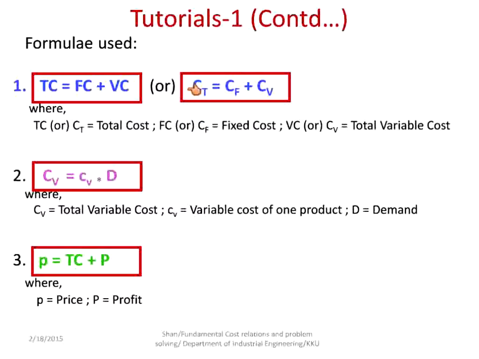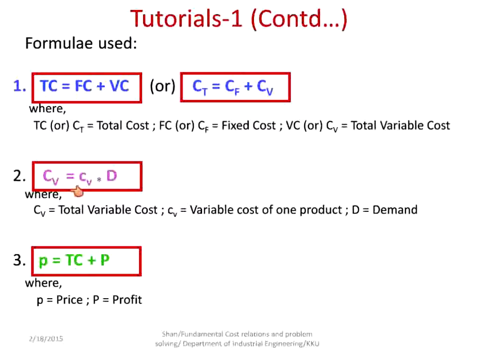This can also be written as CT, total cost equal to fixed cost plus variable cost. This is one formula where TC or CT is called total cost, FC or CF is called fixed cost, and VC or CV is also called total variable cost. This is the first formula we are going to use in today's class.